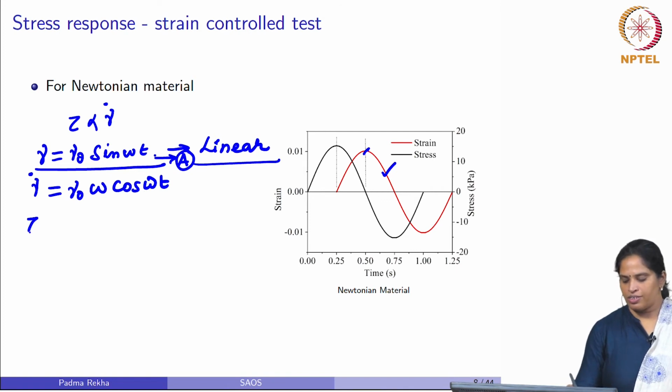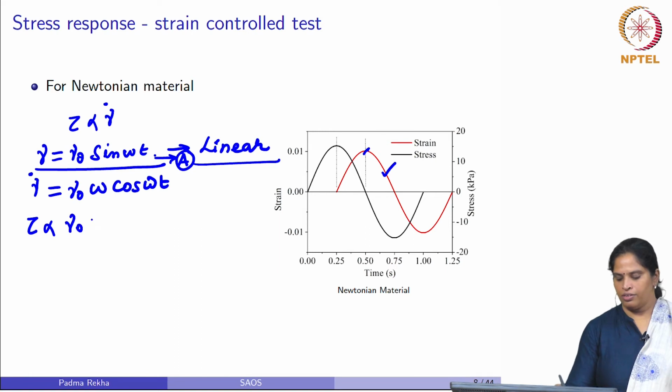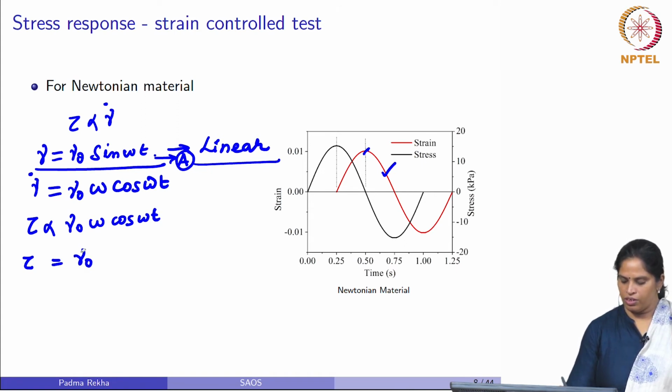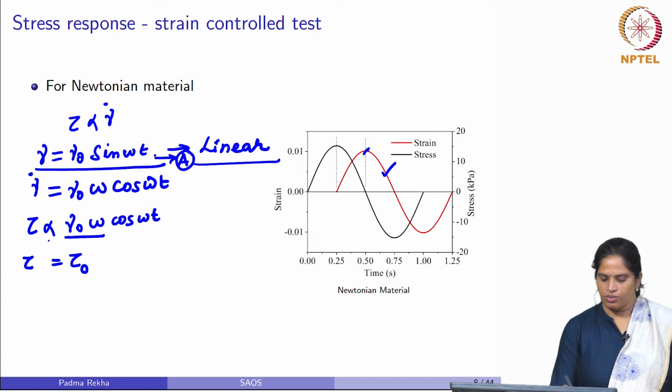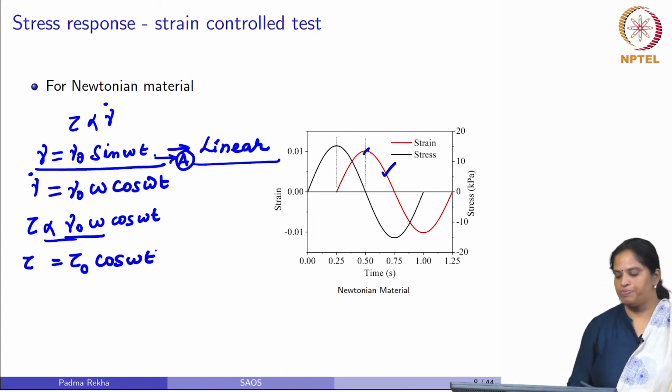Stress being proportional to gamma dot, the stress will be equal to gamma naught omega into some constant, which we can write as tau naught, so tau naught cos omega t.